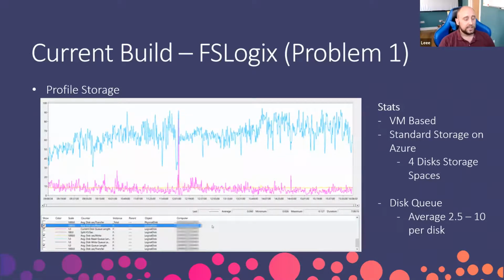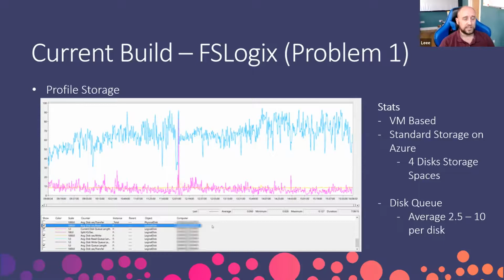What they had here, as I mentioned, is all Azure native. Their current build, and this is problem number one with FSLogix, was a VM with four standard storage disks on Azure, RAIDed together with Storage Spaces. As you can see in this diagram, there's the bit at the top and the nice pink line a bit lower.